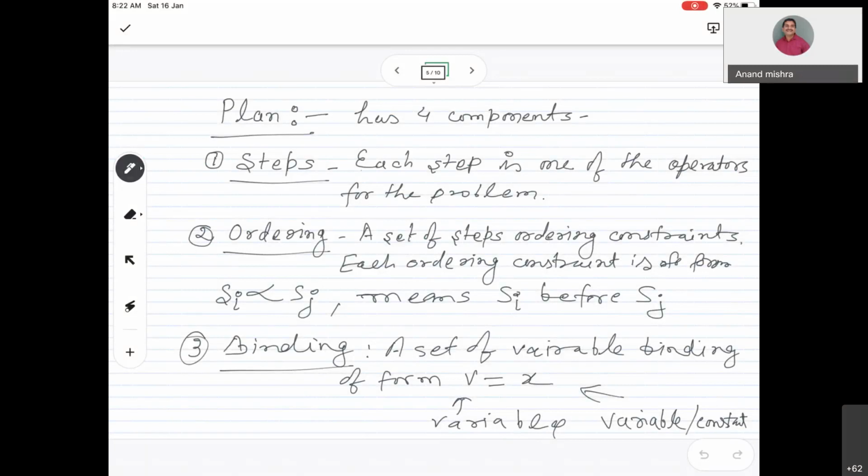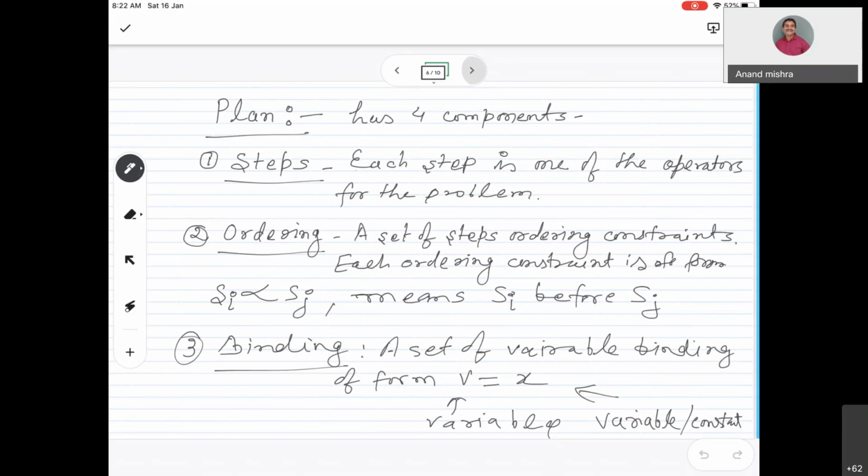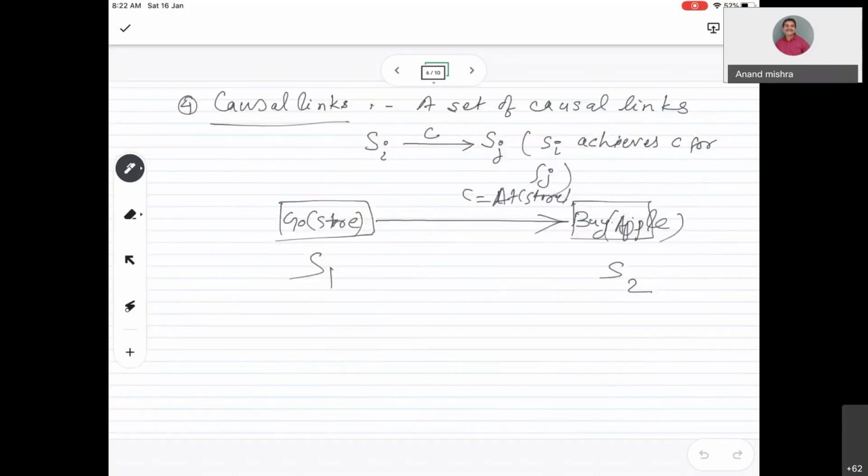Third is a set of variable bindings, because originally your operators are not bound to anything, they are in a raw schema form, but while defining a plan you need to bind these variables. And the fourth is causal links.